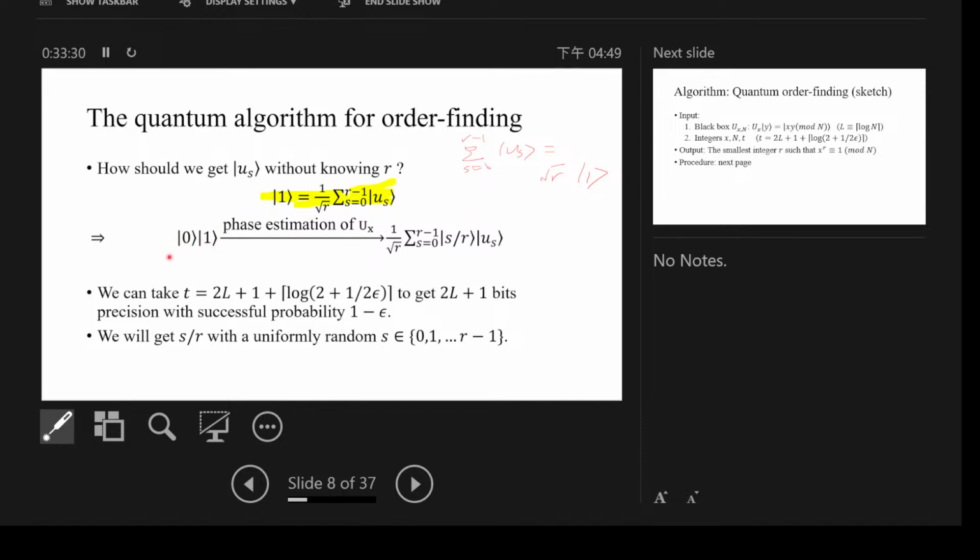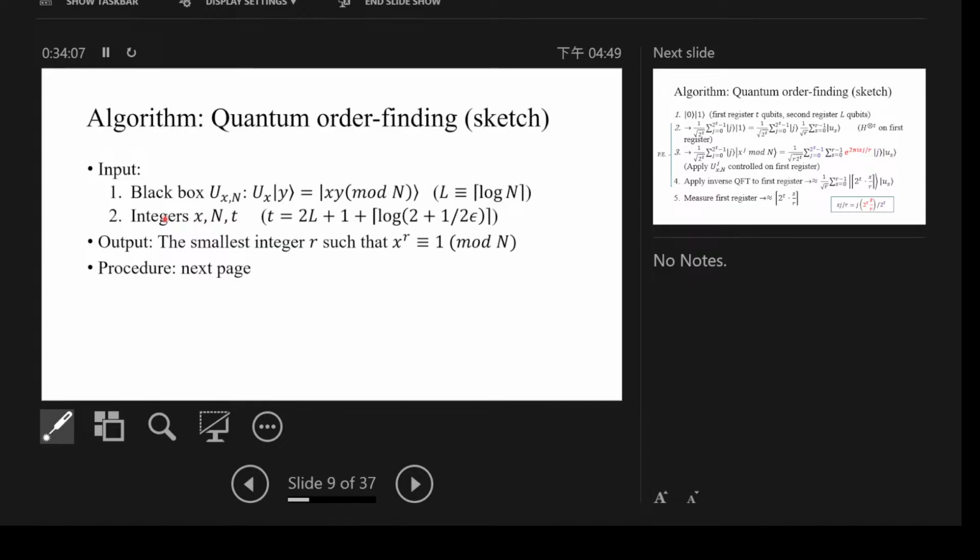We put 1 here, we do phase estimation, and we get a uniformly random s over r here. So we'll get s over r with uniformly random s. So this basically allows us to do order finding.